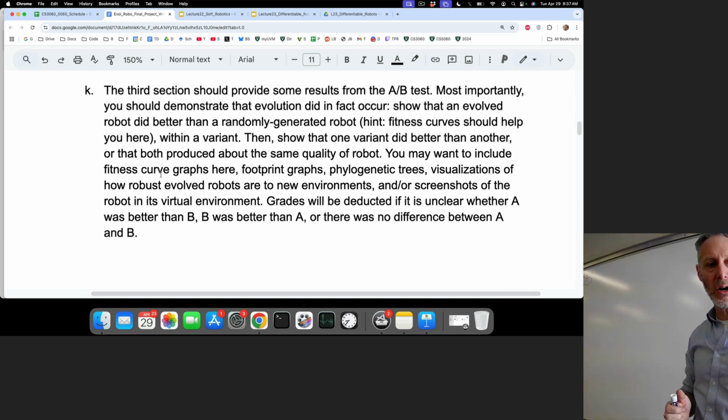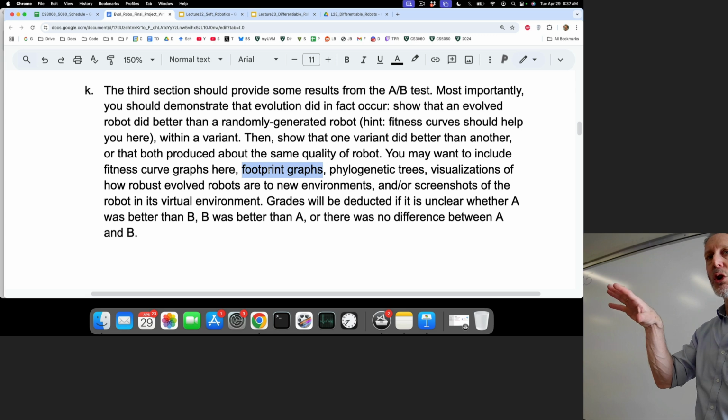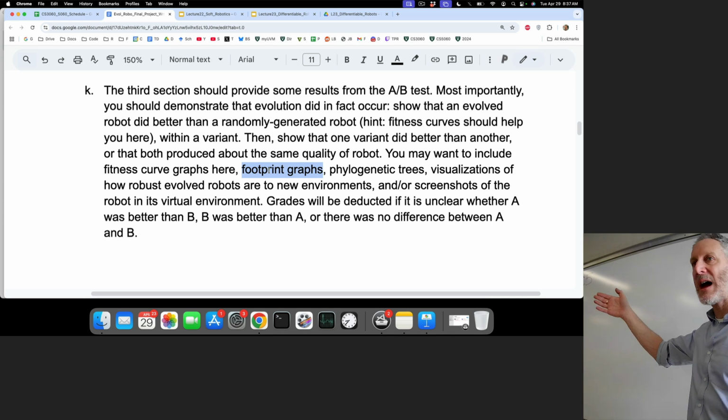So we've seen throughout this course many different kinds of visualizations that show what evolution is doing and what it produces. In the lecture on legged locomotion, we saw footprint graphs that show visually the cleanliness of a legged gait. How clearly is there a repeating pattern in footfalls among an evolved locomotion?